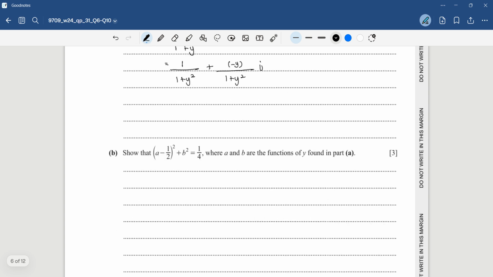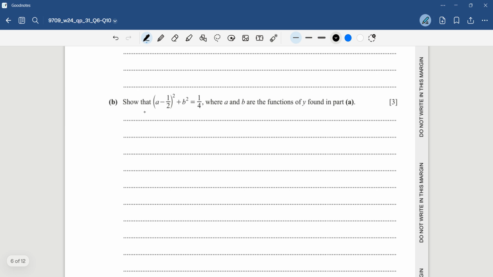Okay, and show that this is equal to 1 over 4 from part A, so a squared plus b squared. Fine, so what we do is I just expand this first. For me, it makes it easy. So it's going to be a squared minus a plus 1 over 4 plus b squared.